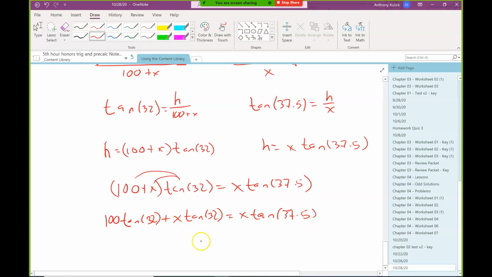And then I'm going to subtract the x times tan 32 to the other side.